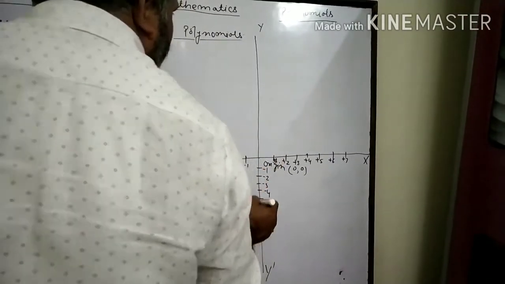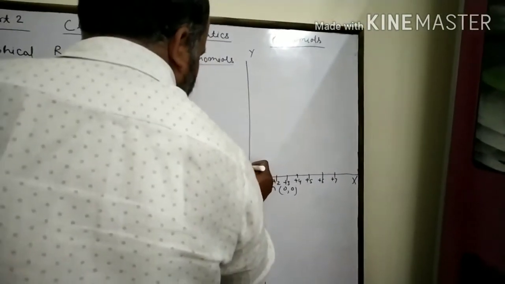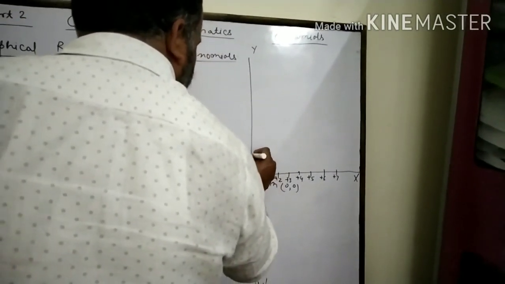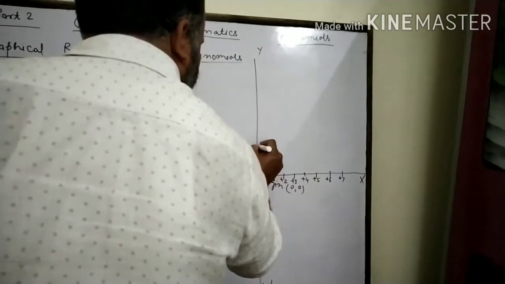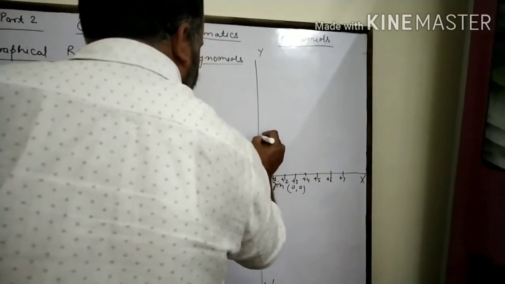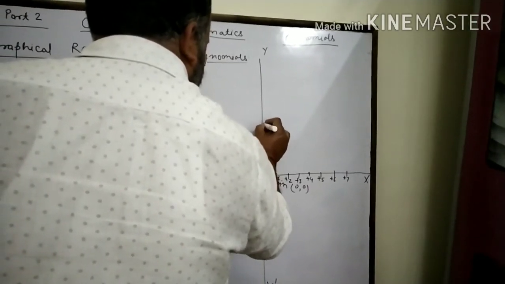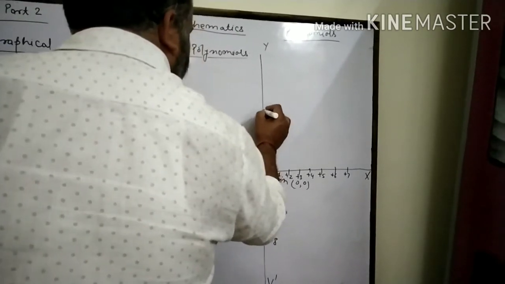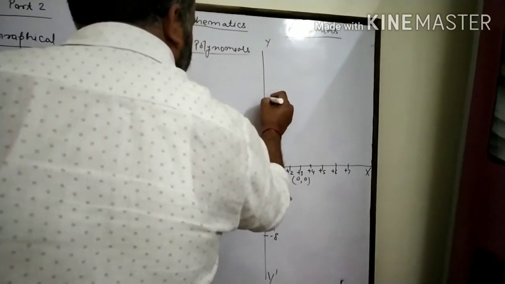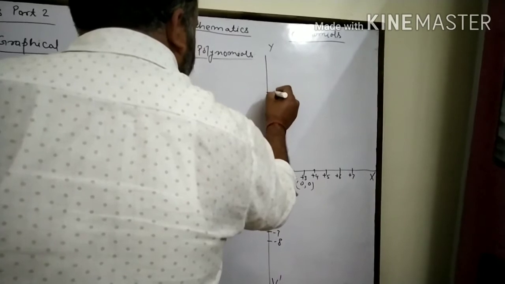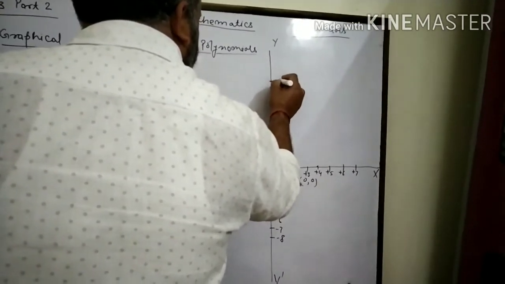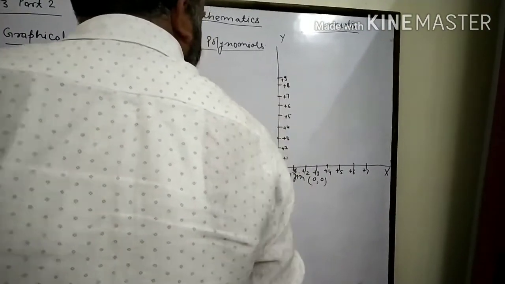On the y axis upper side it is +1, +2, +3, +4, +5, +6, +7, +8, +9.